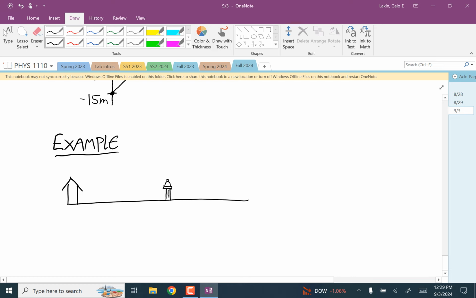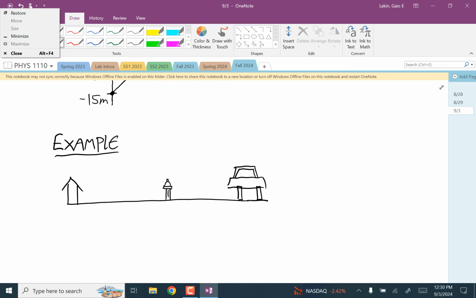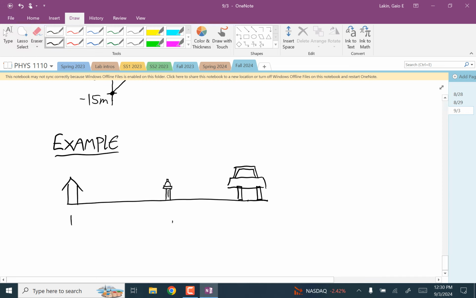And then there's a car. Okay. And the distance between the shed and the fire hydrant is 15 meters. And the distance between the fire hydrant and the car is 10 meters.